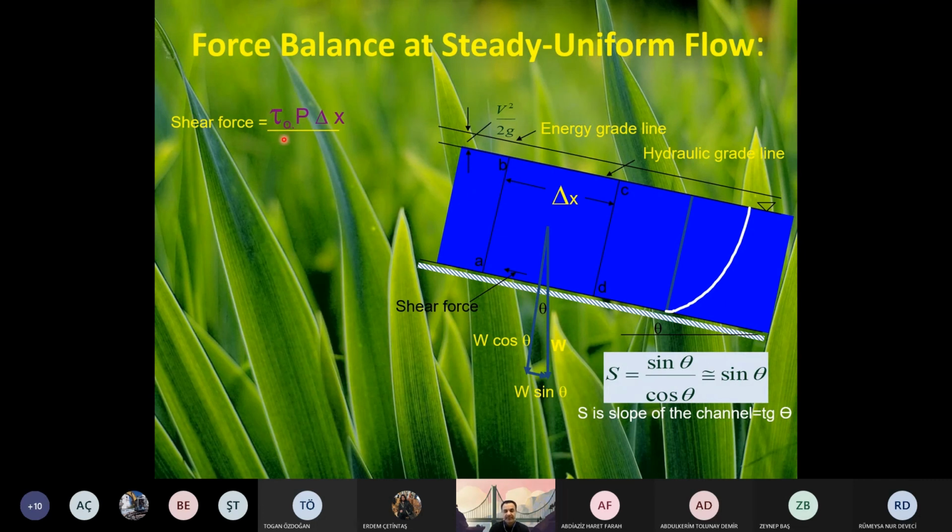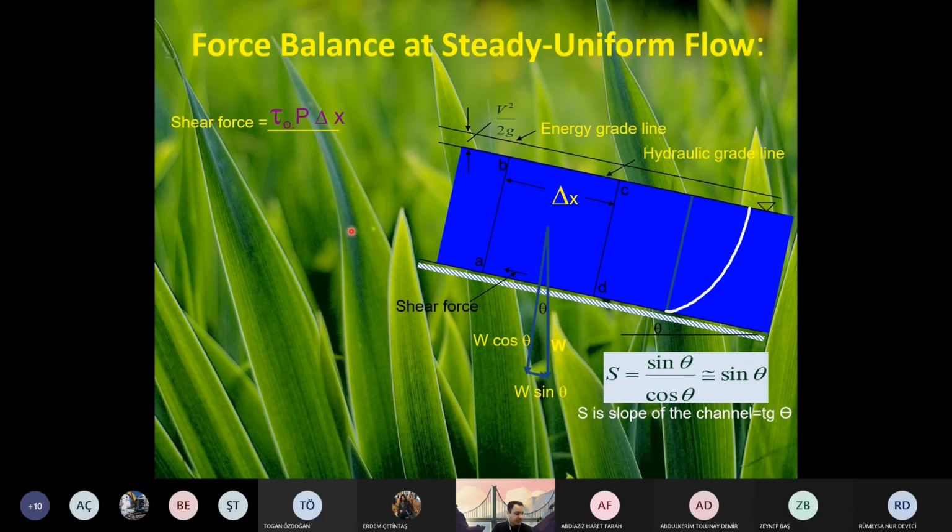It varies. So far we know the wetted perimeter because we know the cross section, and we know delta x. We assume that delta x is a very small length of a channel. And if we know the shear stress or this friction factor, we can calculate shear force. Is it clear now? What is shear force?